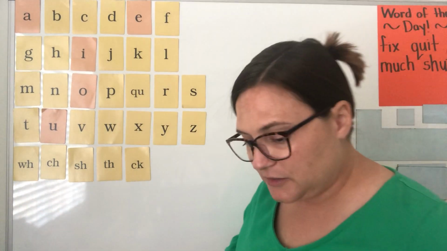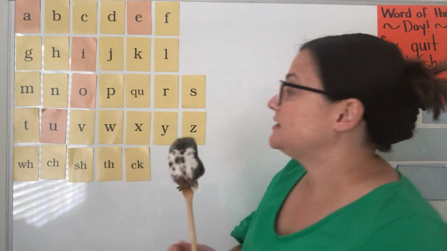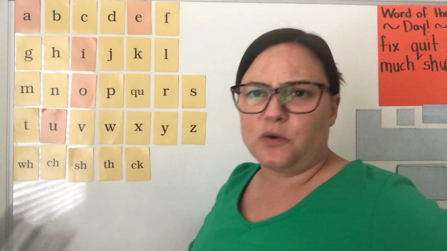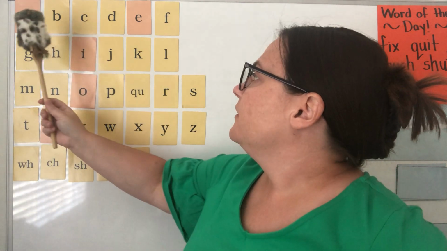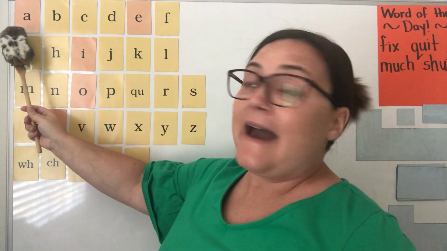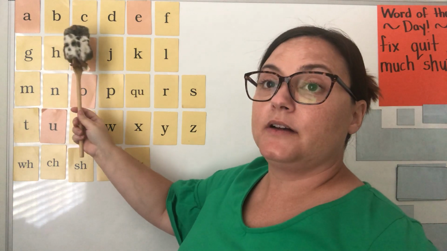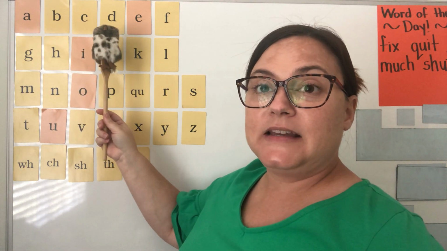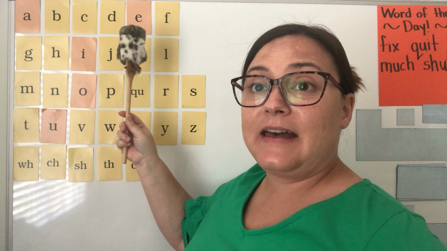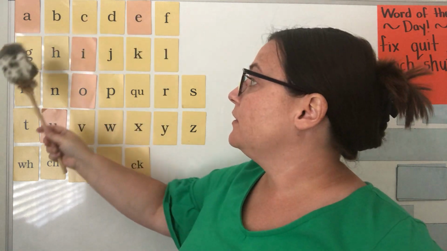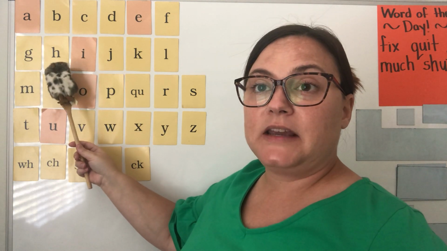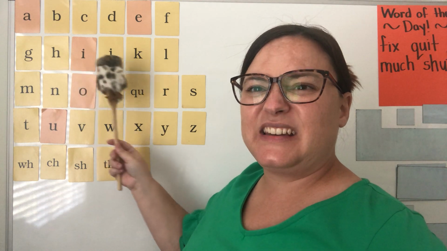All right, so let's do our sounds together. We're going to start at the top today. You know, we're going to go in order because we never go in order. Ready? A. Ready? B. Ready? K. Ready? D. Ready? E. Ready? F. Ready? G. Ready? H. Ready? I. Ready?